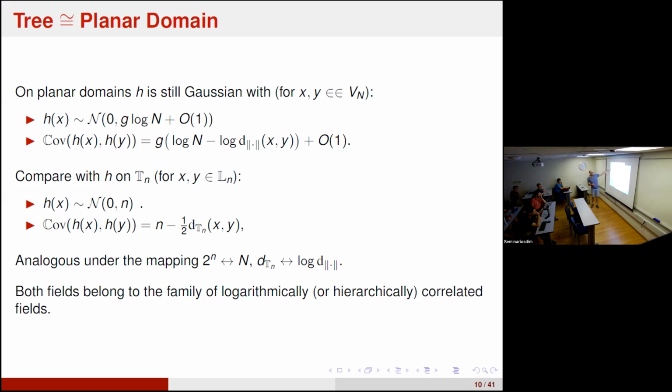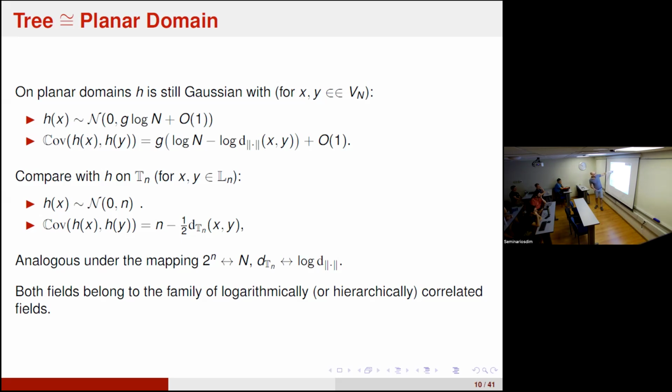So if you do the Gaussian free field on a planar domain, that's what you get. It's a Gaussian field. The value at a vertex is Gaussian with variance g log n, where g is some constant. The covariance looks like this, so it decays logarithmically. If you do this on the tree, we did this before, it's Gaussian with mean 0 and variance n, and the covariance is the length of the common path, but you can also write it as n minus 1/2 the graph distance between x and y.